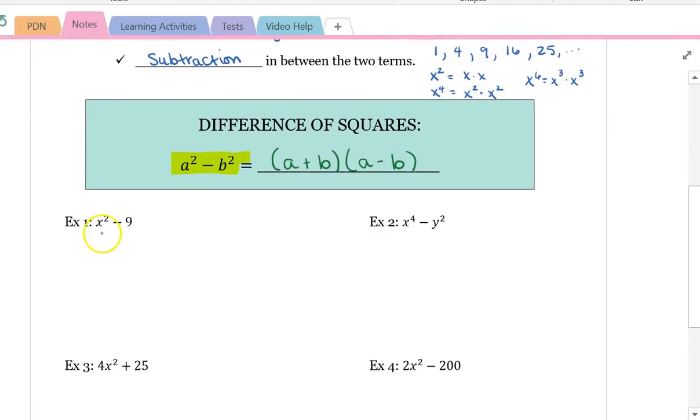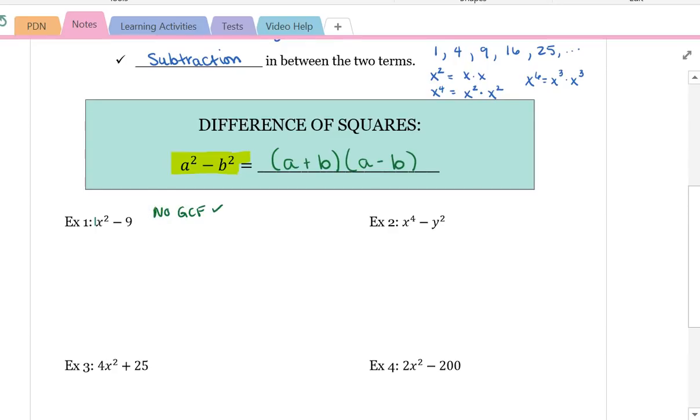Okay, so if you look at the first example, the coefficient of x squared is 1 and the constant is -9. So if I look at those values, 1 and -9 don't have anything in common other than 1, so there's nothing to factor out. So there's no GCF. So that's the first thing to check for.